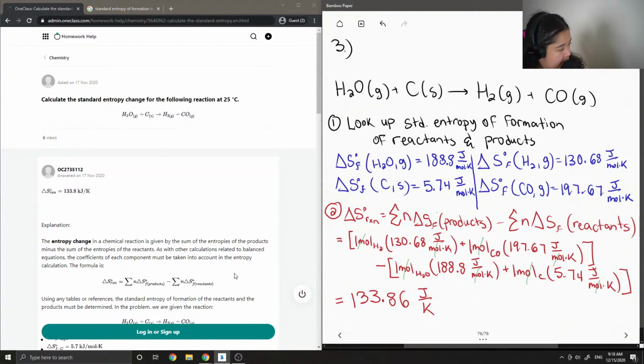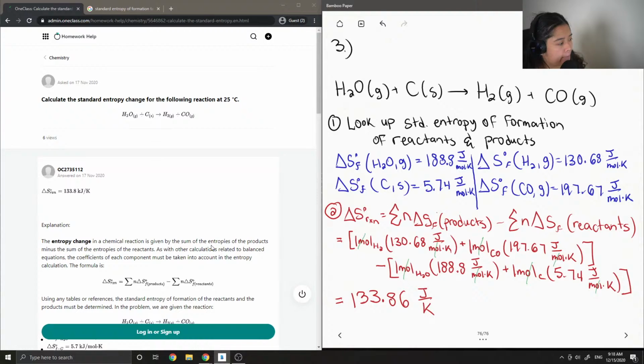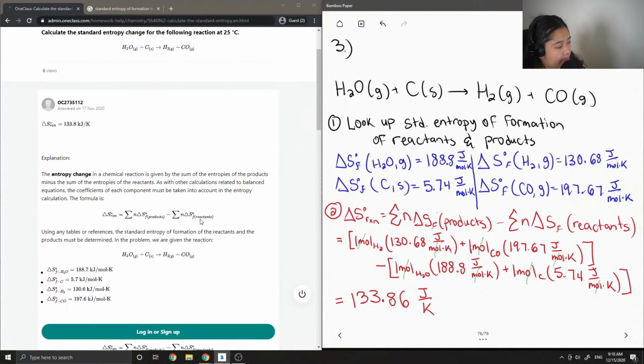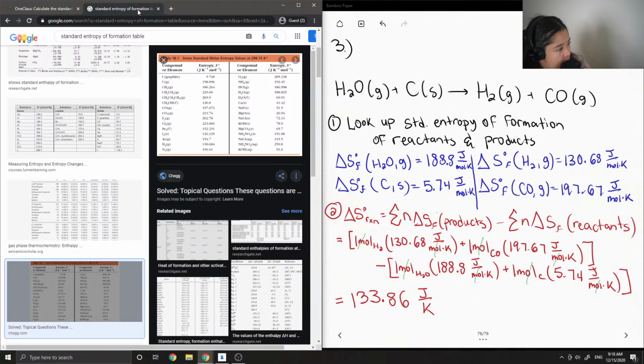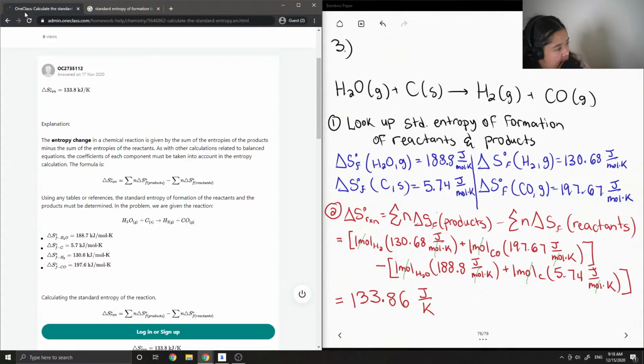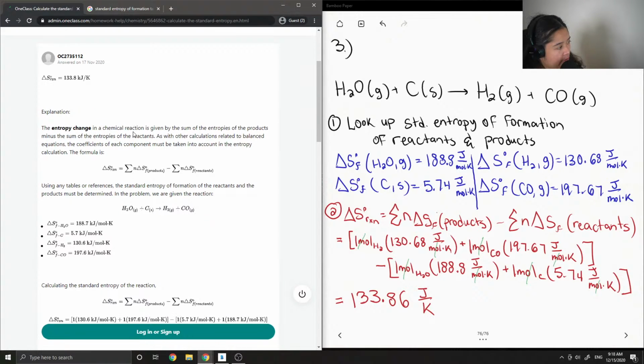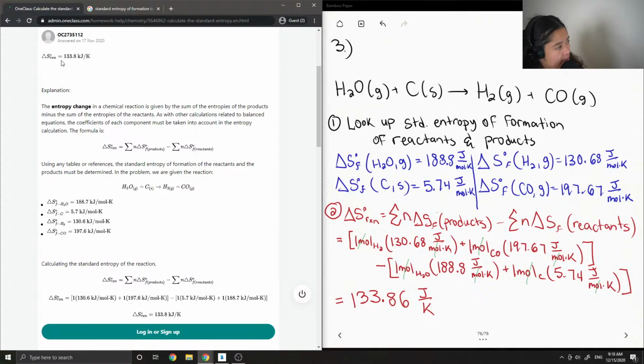Okay, so let's see what the junior tutor said. So I think they may have gotten their units wrong. Yeah, so their units are just in kilojoules. Maybe they read the chart wrong, but they got the same value, except it should be joules over Kelvin.